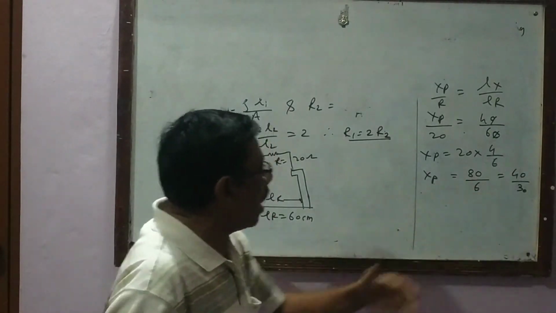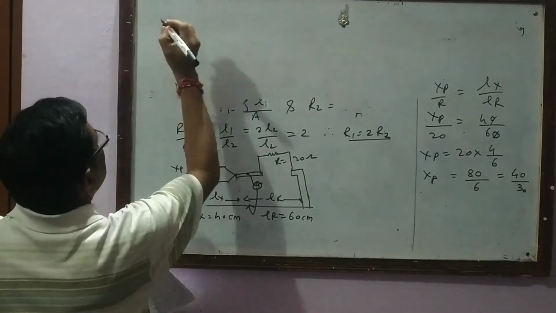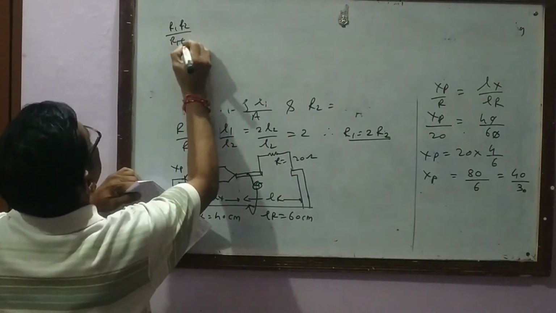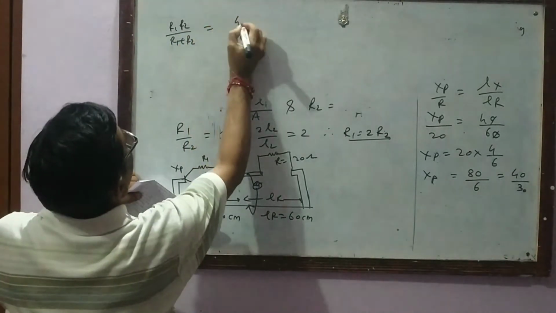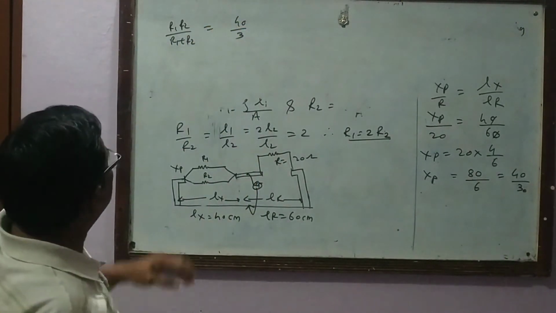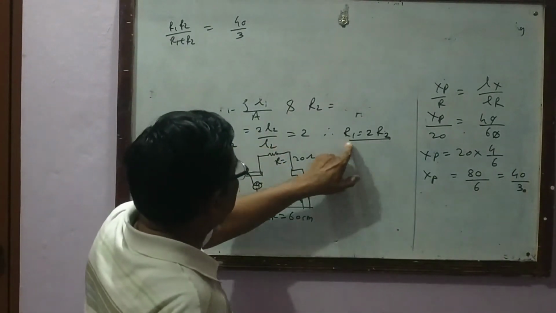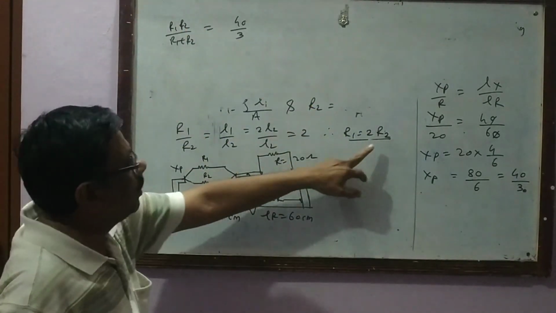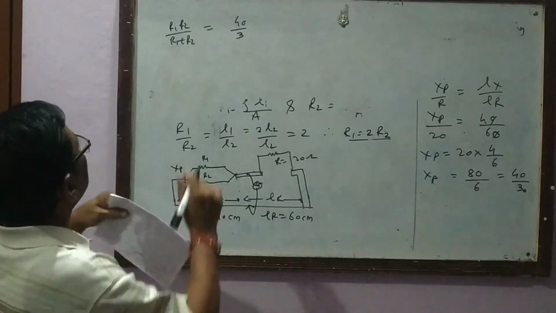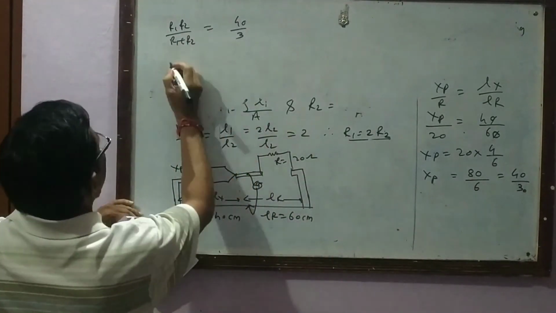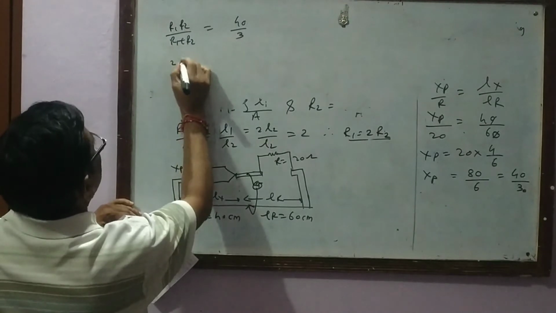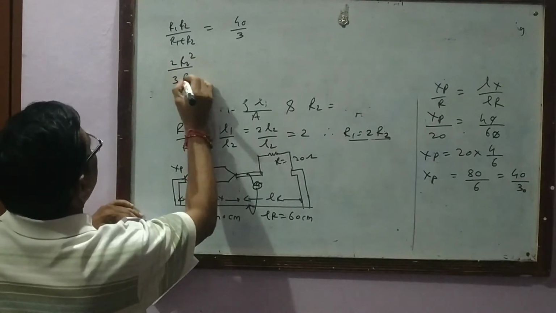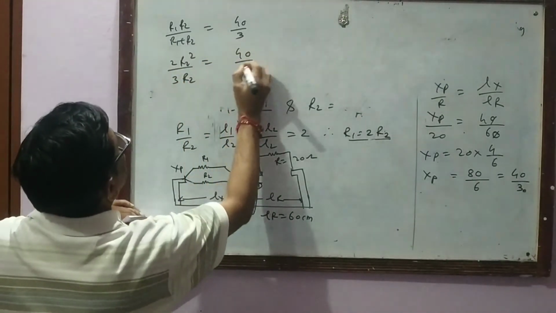And what is the value of Xp? Xp is R1 R2 upon R1 plus R2, which is equal to 40 upon 3. But R1 is equal to 2 times R2, putting this value here, we have 2 times R2 square divided by 2R2 plus R2, that is 3R2, is equal to 40 by 3.